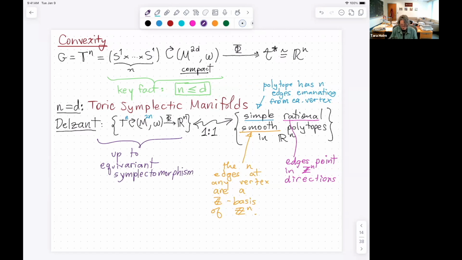And on the right-hand side, this is up to, so a polytope in R^n, I can translate it around. That amounts to adding a constant to the momentum map, which doesn't change the Hamiltonian criterion. So this is up to translation in R^n.